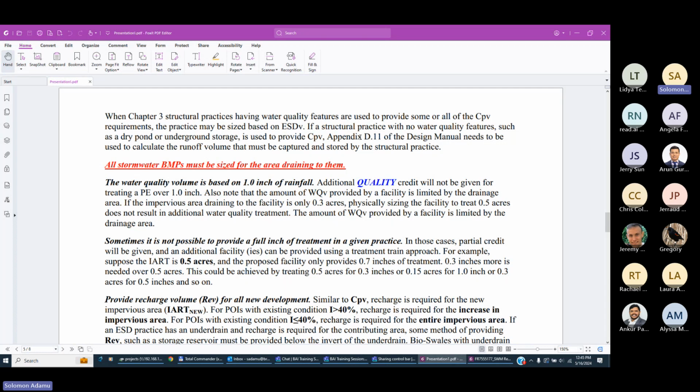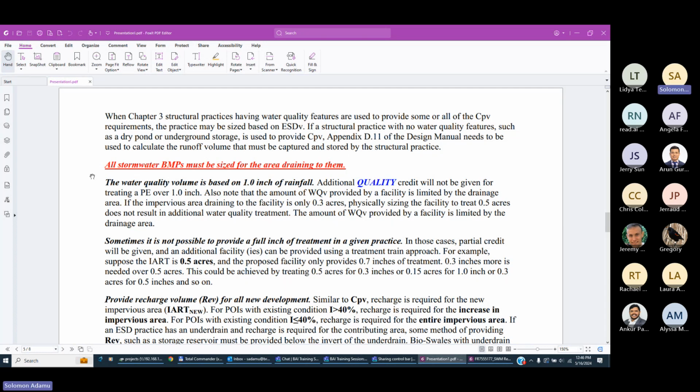If a structural practice with no water quality feature, such as a dry pond or underground storage, is used to provide CPV, then we have to follow Appendix D11 of the manual to calculate the volume. That's about the design. I don't think we did this so far.